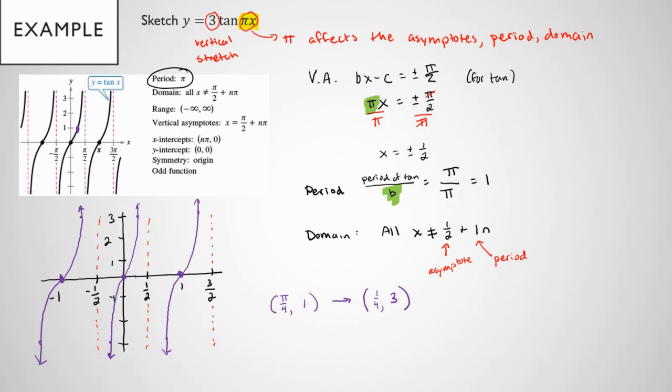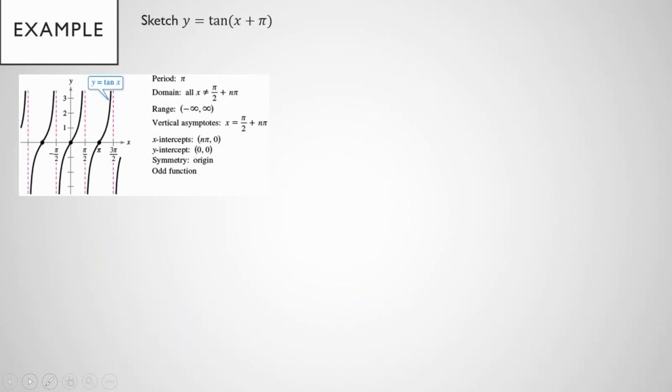Okay. So next one that I have here is going to involve a shift left or right so that you can see what happens with that. So in this case, I didn't have a number in front, so we don't have to worry about any stretches or anything. We're just going to look at what happens when you have a shift left or right.